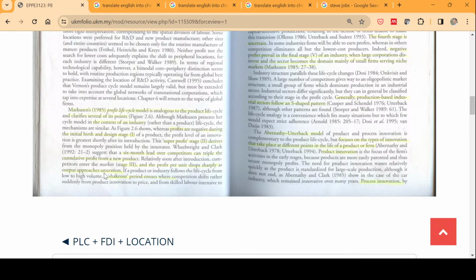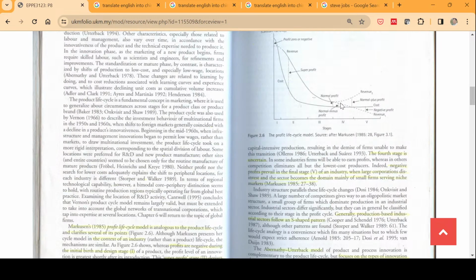And then in stage 4, after stage 3 into stage 4, this is the critical juncture where the company continues to make sales or loses. And this will turn into stage 5 of negative profit if that happens.